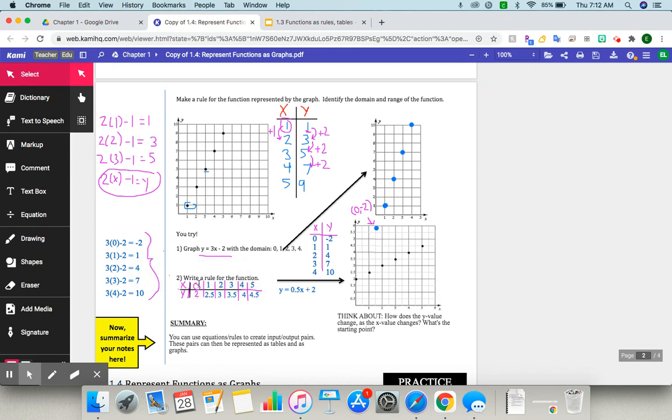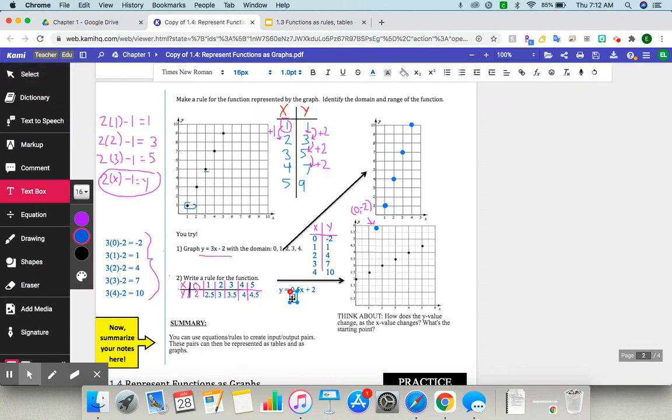But we can actually use this very first point of when x equals 0 to help us out, because anything multiplied by 0 is still 0, but we need to get an output of 2. So that tells us that we have to add 2 to 0.5 times our input to get the proper outputs. And if we check each point, we can see that that works.